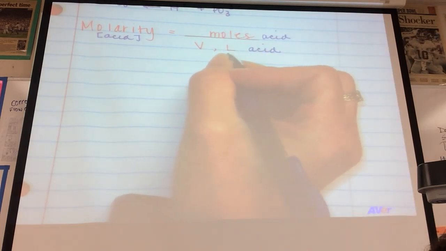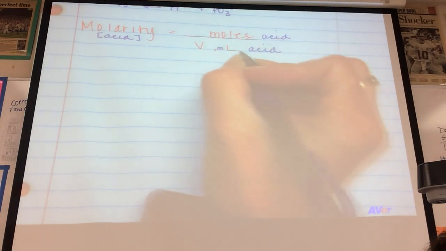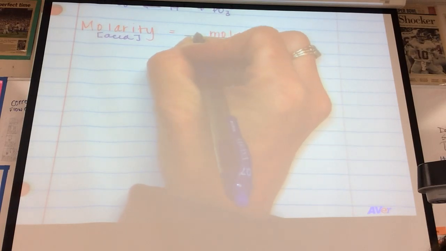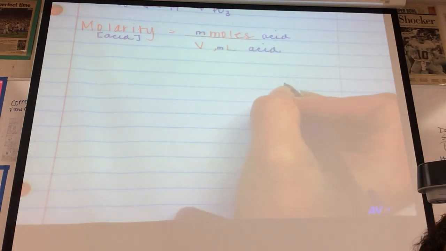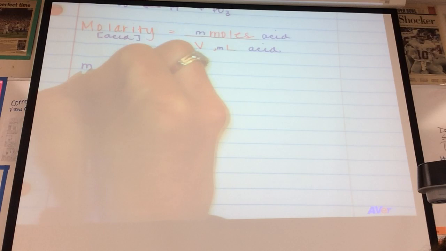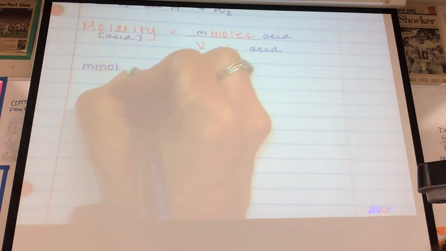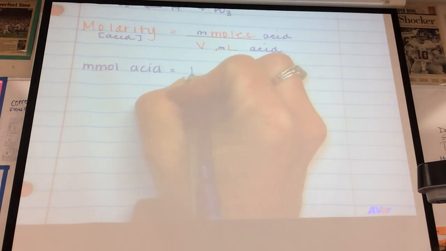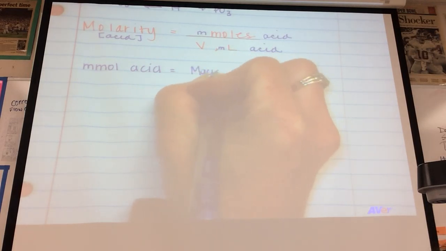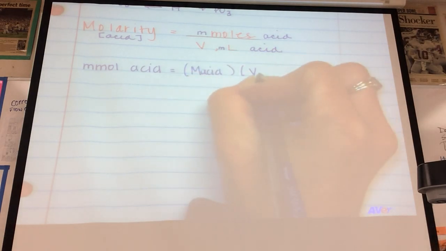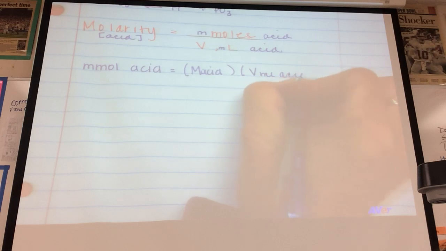Well, if the volume is given to you in mLs, sometimes it is easier to look for millimoles of acid instead of moles. So one calculation that will be very useful to you is millimoles of acid is equal to the concentration of the acid, that is the molarity, times the volume of the acid in mLs.